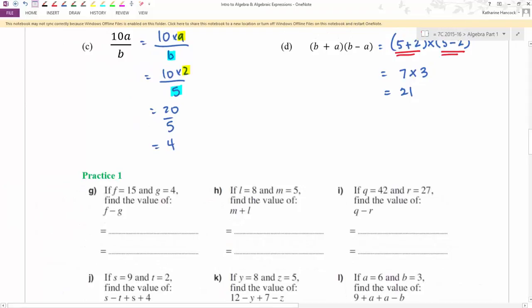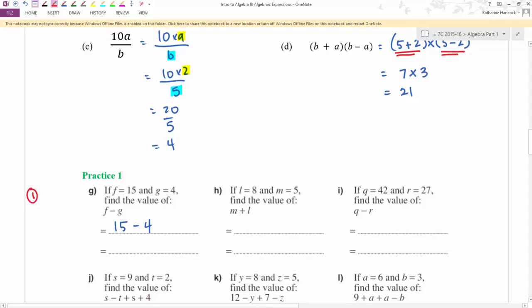So I need you guys to go ahead and practice now. Yes, there are lines, places for you to put it in. I want you to show the substitution first. So for example, practice 1 said, if f equals 15 and g equals 4, find the value of f minus g. I want your first line to be the substitution where you show your work.